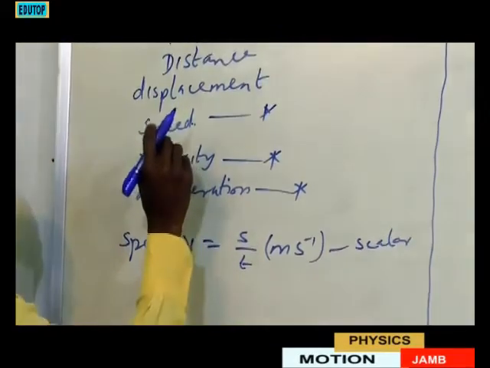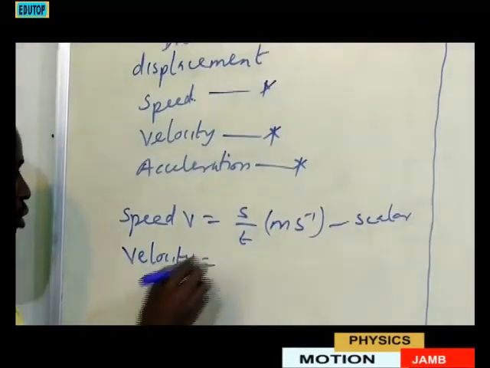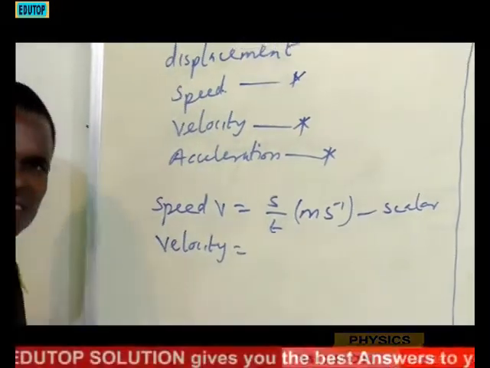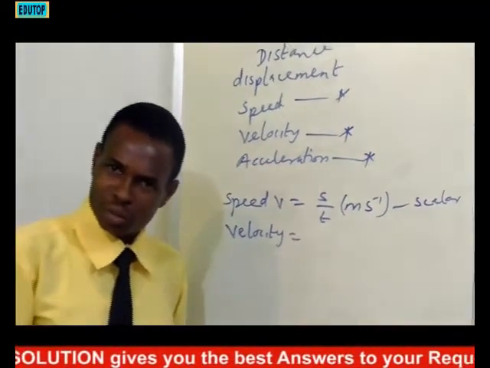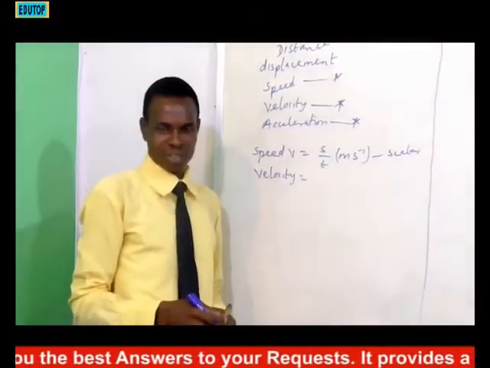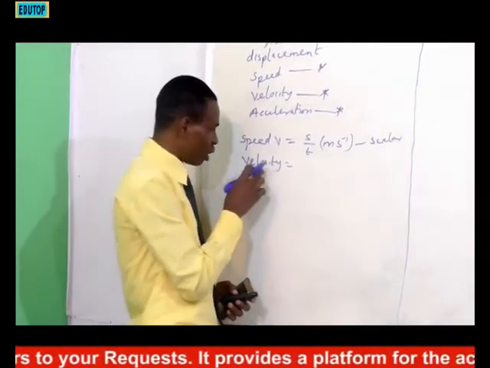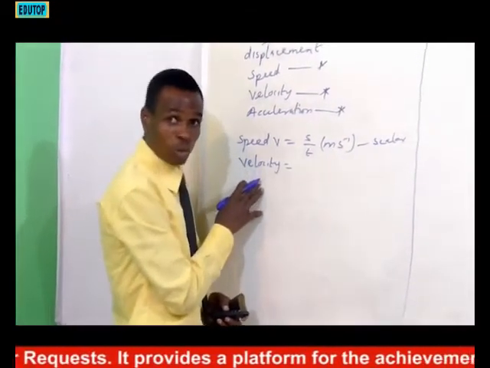Let me take velocity. How do we define velocity? Distance traveled in a specified direction. And from that definition, velocity is a vector quantity.